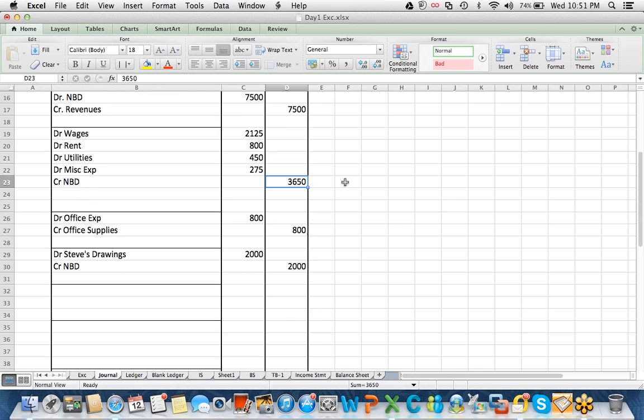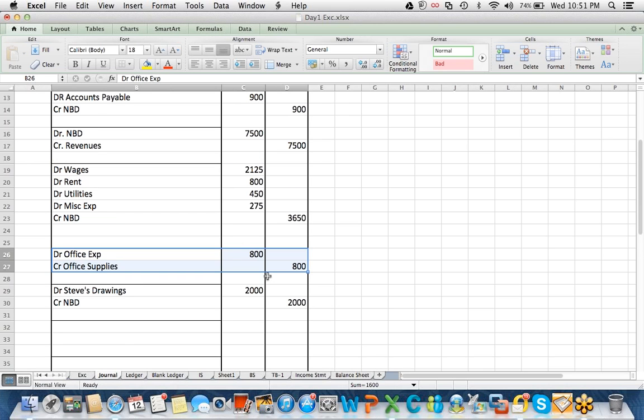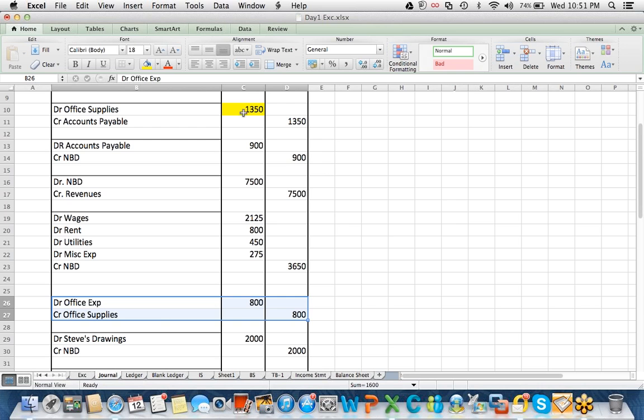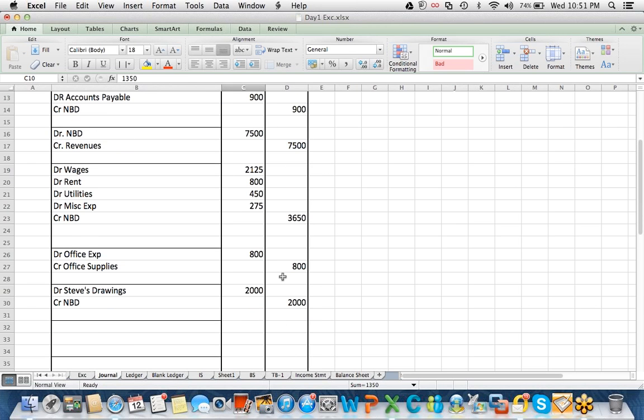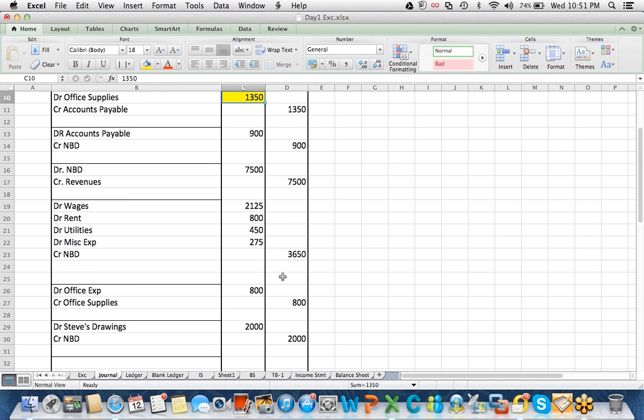Next, this kind of transaction happens in medium and big enterprises. Why? Because in most organizations, for office supplies you need to have some control.